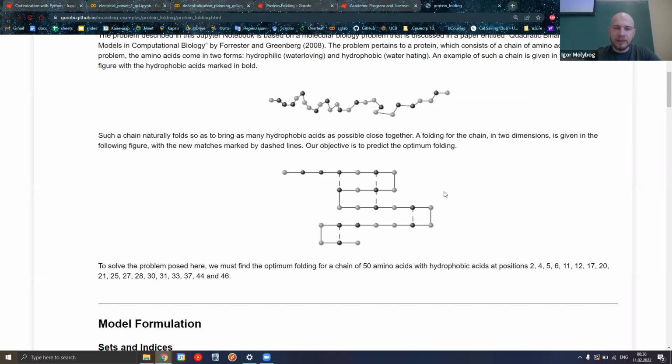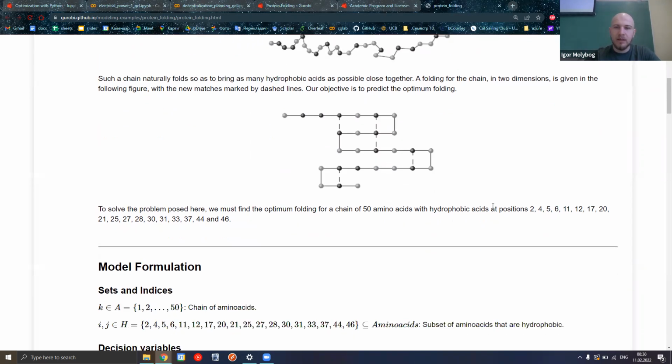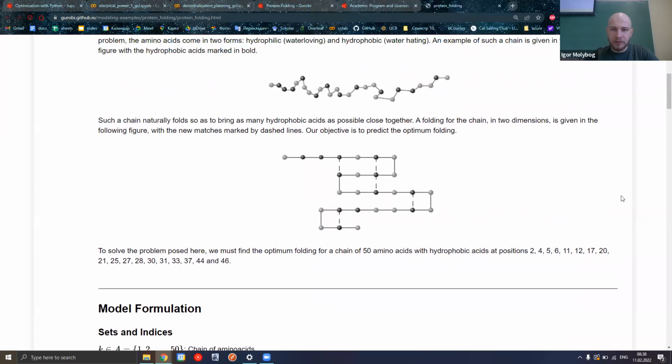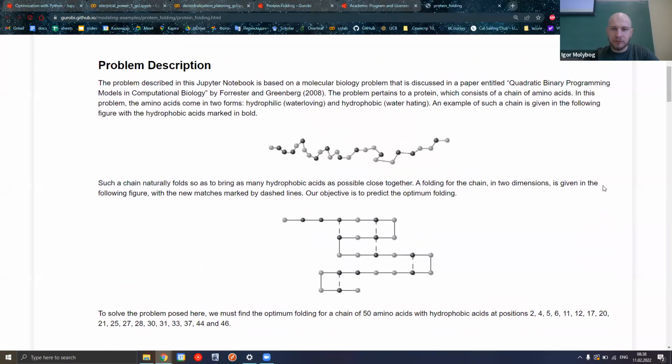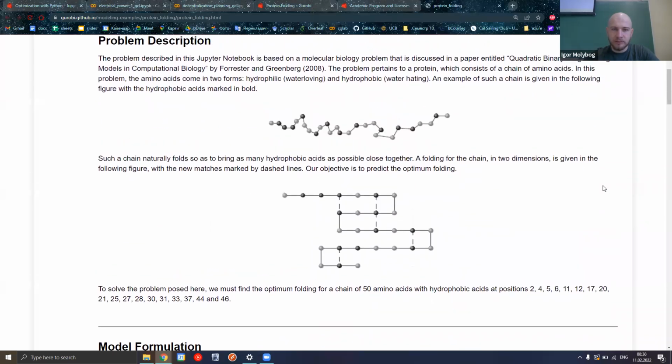So this essentially predicts the properties of a protein that we have assembled as a single line, which is a very important thing to be able to do in applications of healthcare or drug design.